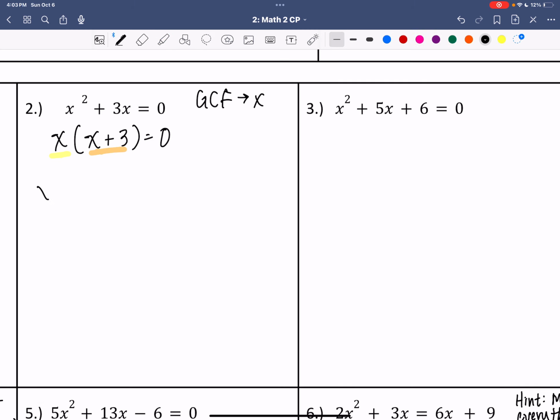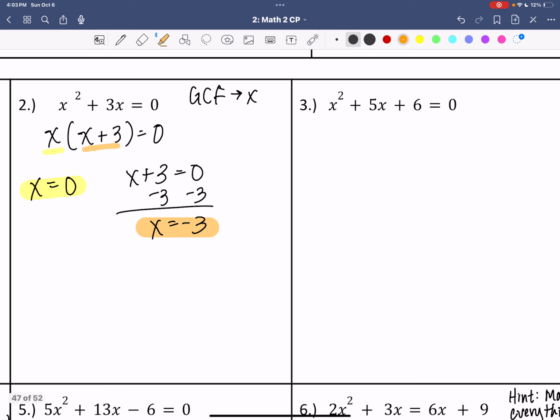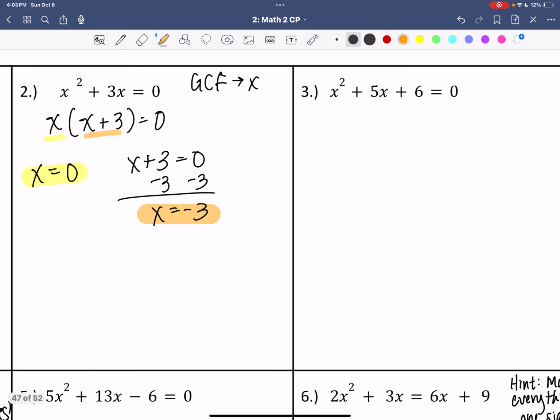So my first part is x equals 0. Well, that's an answer right there. All right, the next part, we're going to go x plus 3 equals 0, subtract 3, x equals negative 3. So this is your other solution. All right, set them both equal to 0.